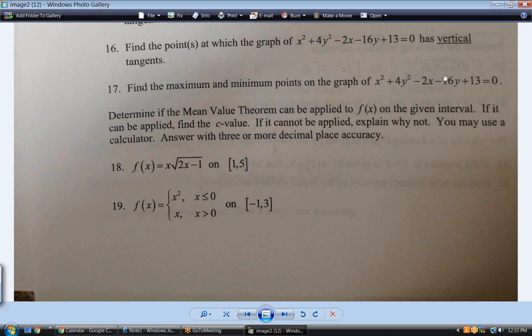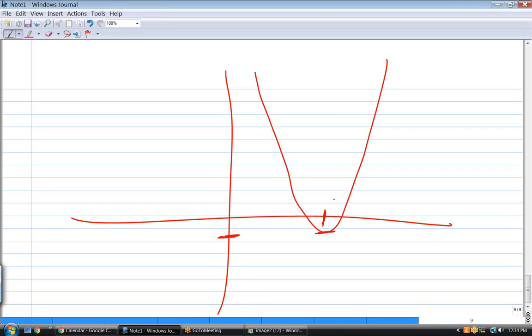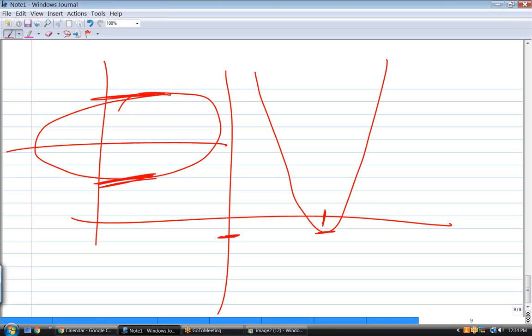We're going to complete the square to figure out the ellipse, which means that if I were to graph that in Wolfram Alpha, it might look something like that. So look, my minimum and maximum occur at the exact same spot. That's where x equals 1. We have both a maximum and a minimum at x equal 1.